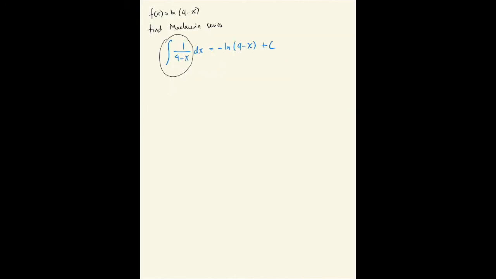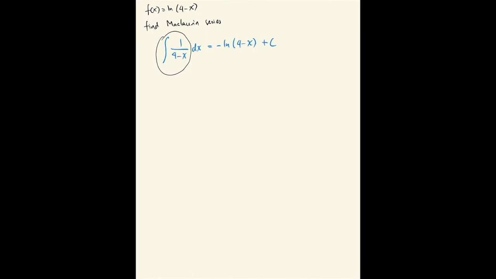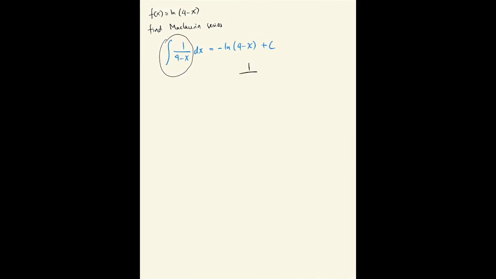It is the same thing as, remember that if you have 1 over 1 minus x, it will be the same as the infinite series 1 plus x plus x squared plus x cubed, right? So we need to use this form and make it 1 minus the variable. So let's factorize 4.